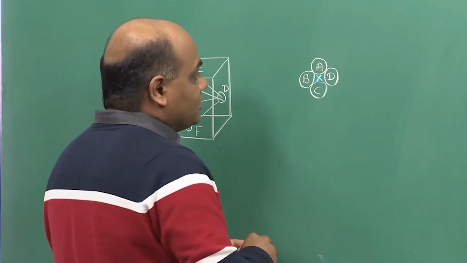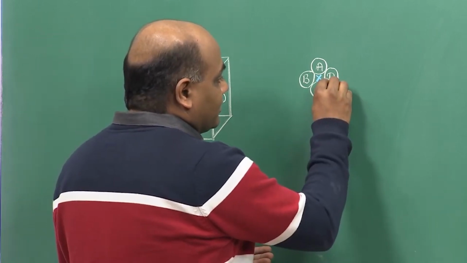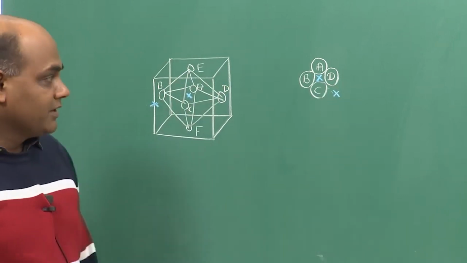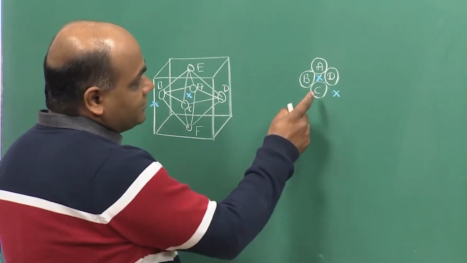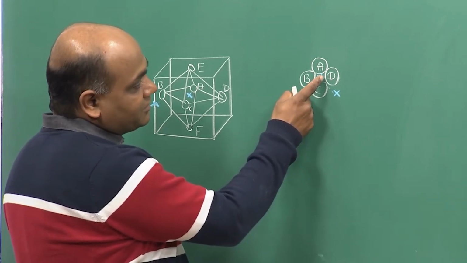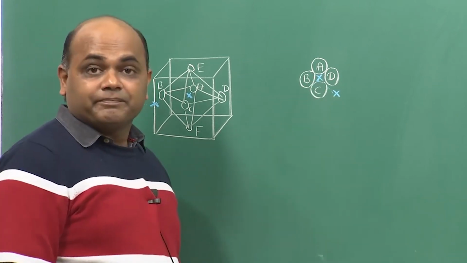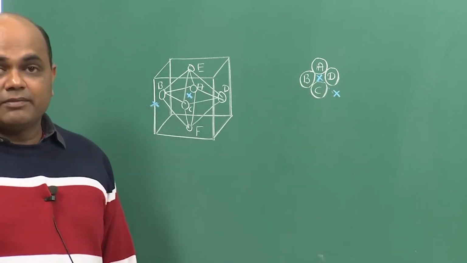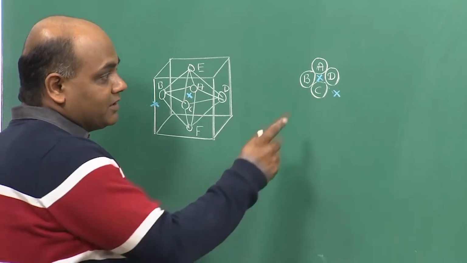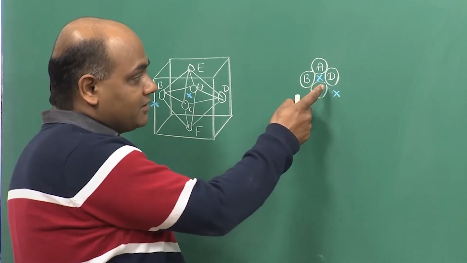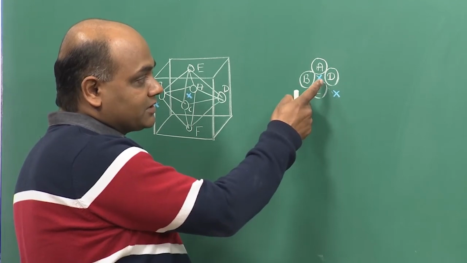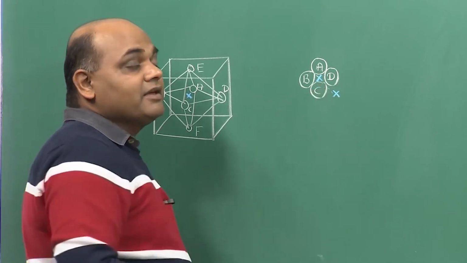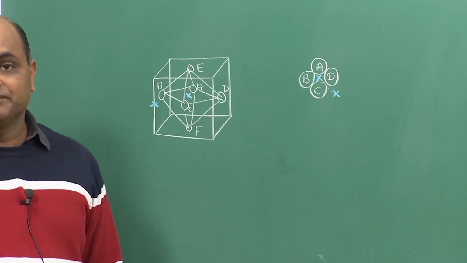So, if an atom sits in this octahedral interstitial position, there will be another interstitial position somewhere here, and as the atom jumps interstitially from this position to the next position, it has to cross an activation barrier, which means in between there will be a state as the atom moves from one interstitial position to the other. In between there will be a state which is characterized by a maximum in the energy.